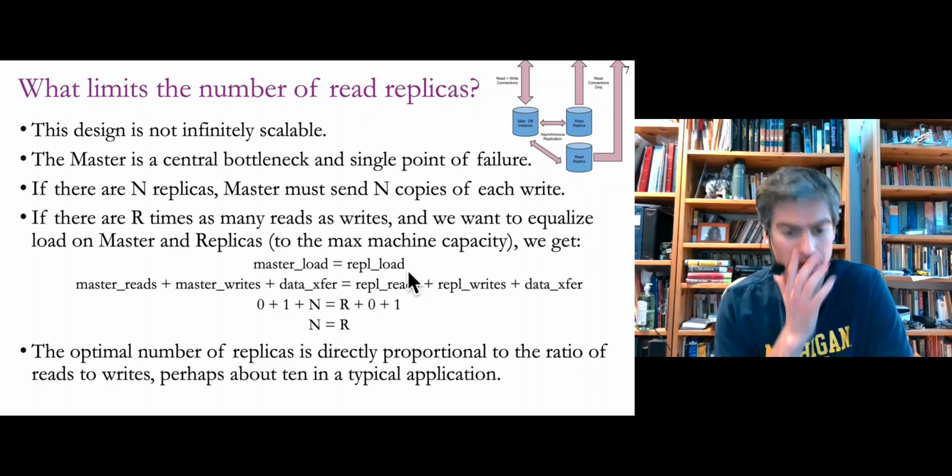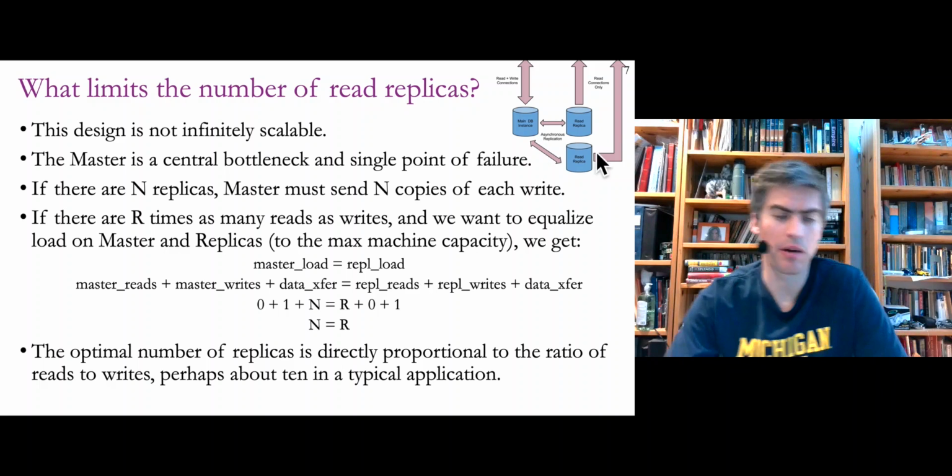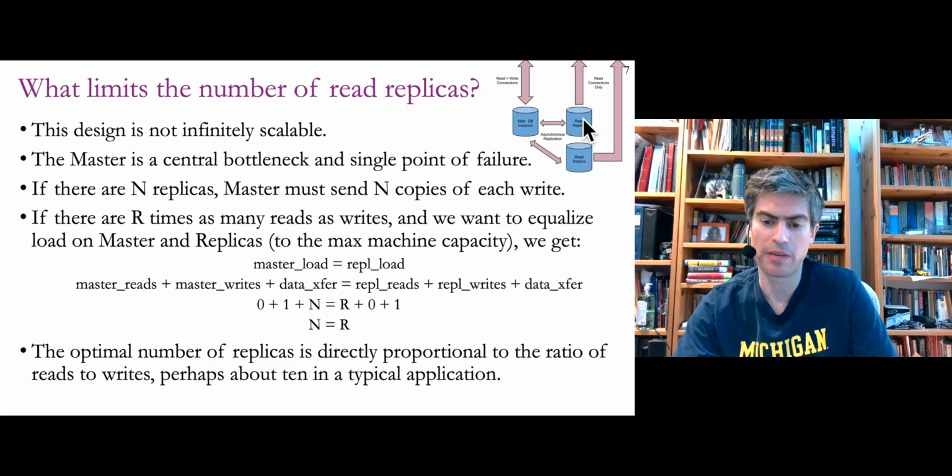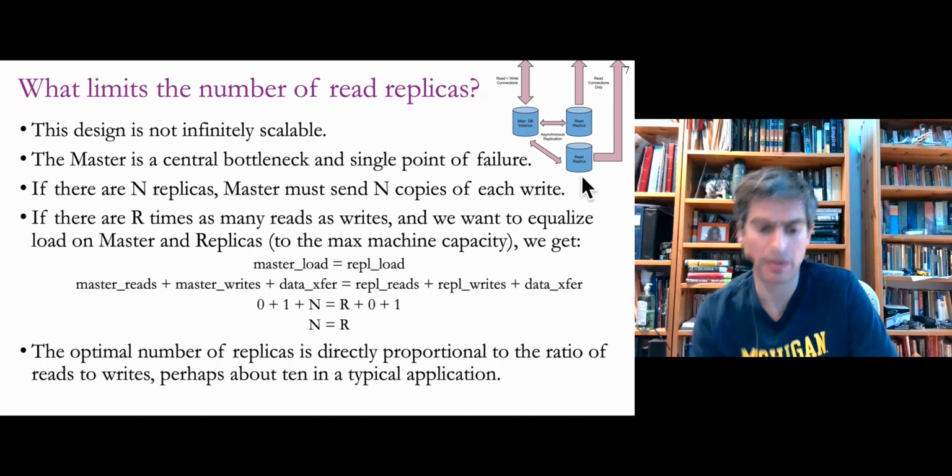depending on the ratio of reads and writes, you eventually come to an equilibrium where the amount of writes sent to this main database is equal to the amount of reads sent to this cluster of databases divided by the number that there are.